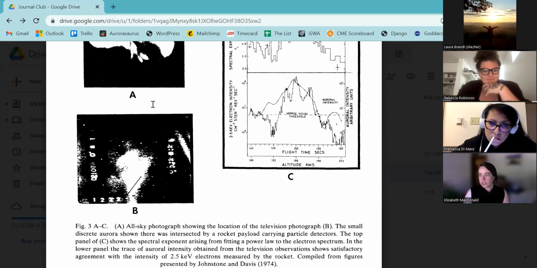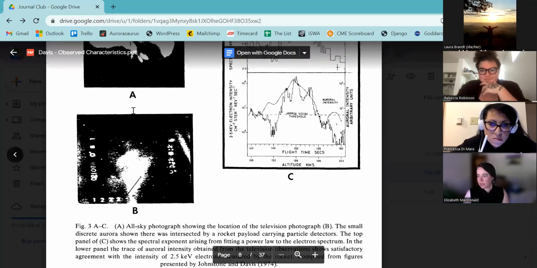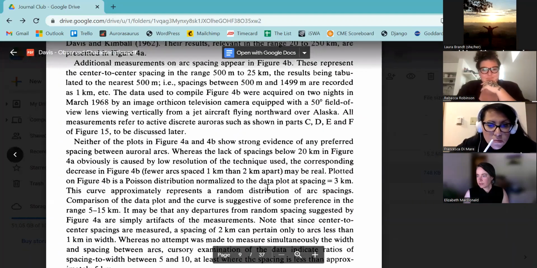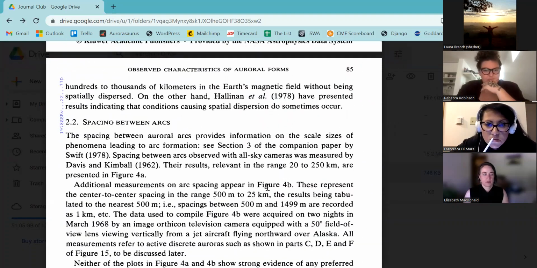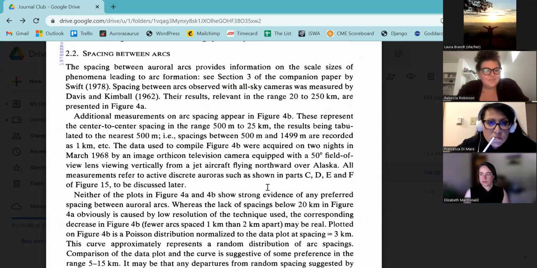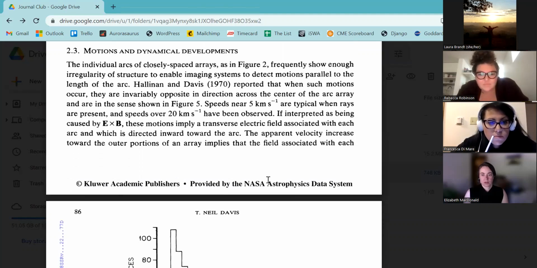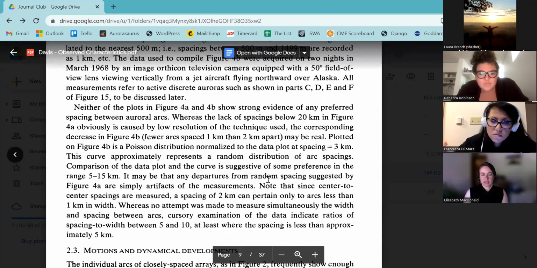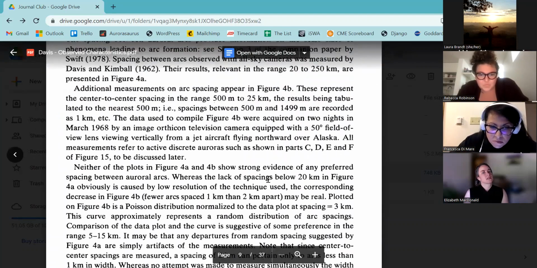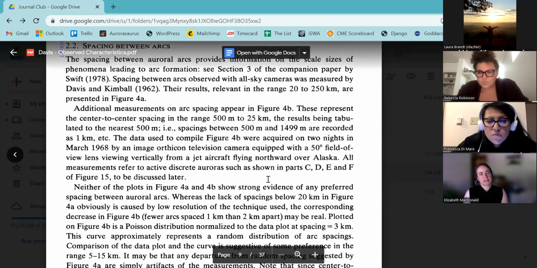Okay, we should zoom ahead here possibly. There's more talk about the spacing between arcs, which I think is also very interesting because, in my opinion, it doesn't get quite as much attention today.